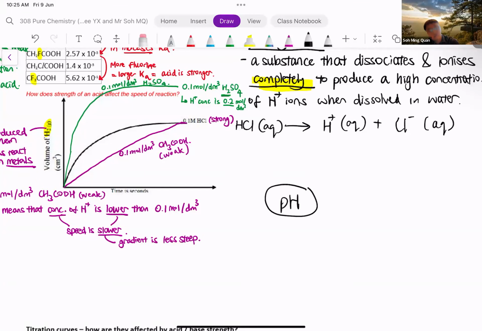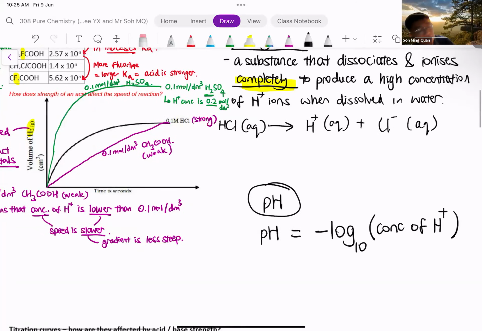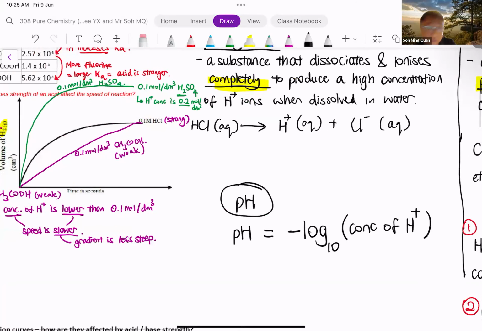Now, pH has a formula. In general, when you see a small letter p in a mathematical formula in chemistry, it means negative log base 10. Okay, so this is the formula for pH.